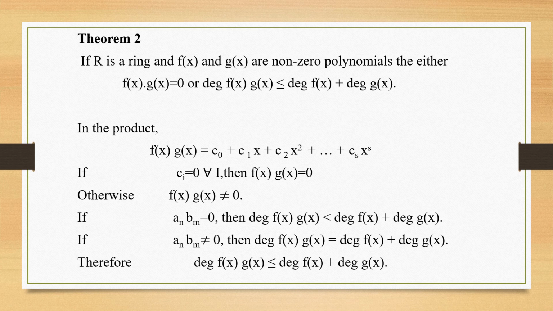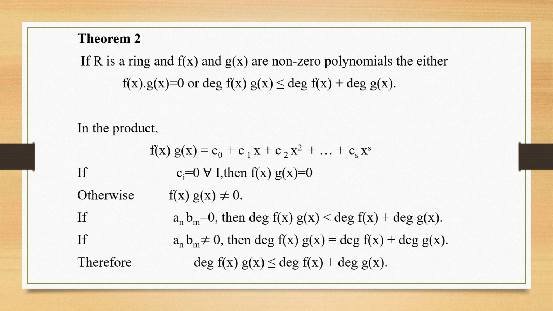Now the next theorem. If R is a ring and f of x and g of x are non-zero polynomials, then either f of x dot g of x is equal to 0 or degree of f of x into g of x is less than or equal to degree of f of x plus degree of g of x. So how do I prove this?